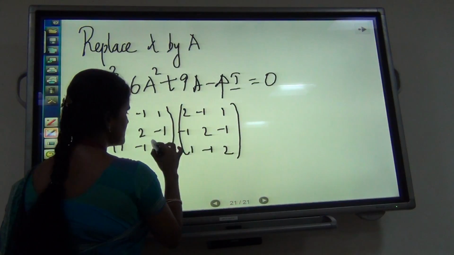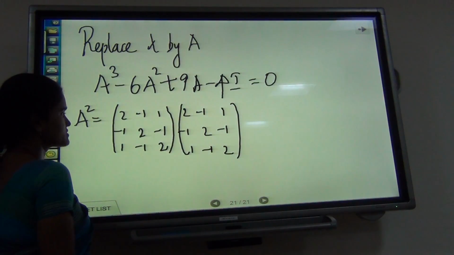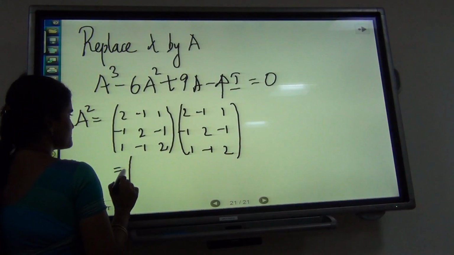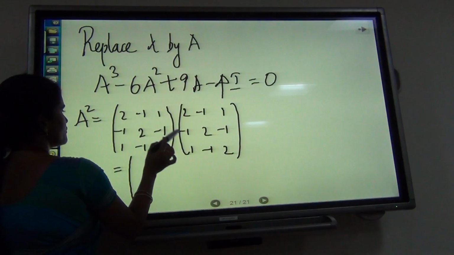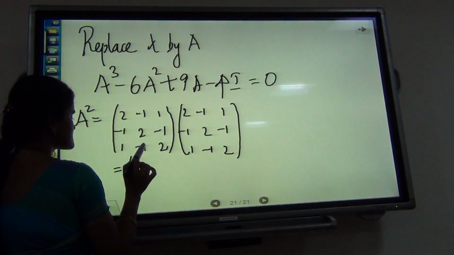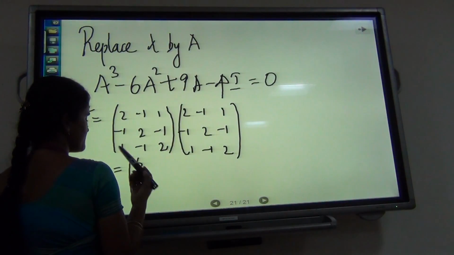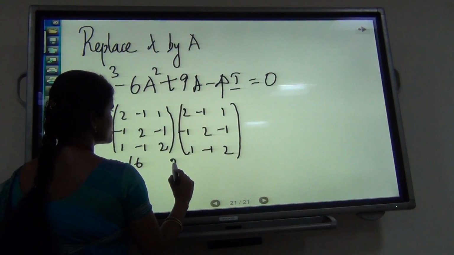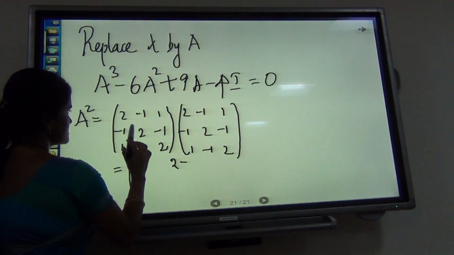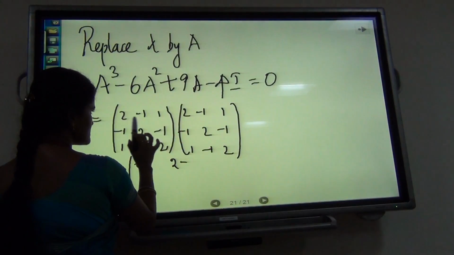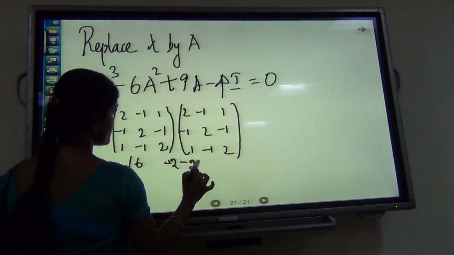I am just writing A twice because A into A gives you A square. As we multiply this, we get 4 plus 1 plus 1, that is 6. In the next place you get 2, so let me write it: minus the first row with the second column, so minus 2 minus 1.